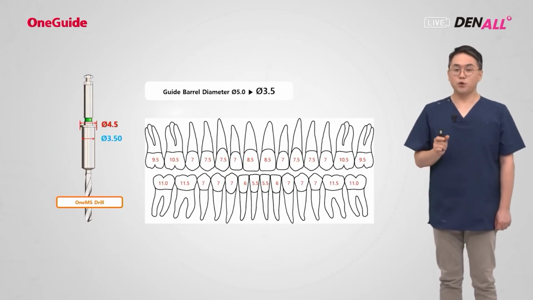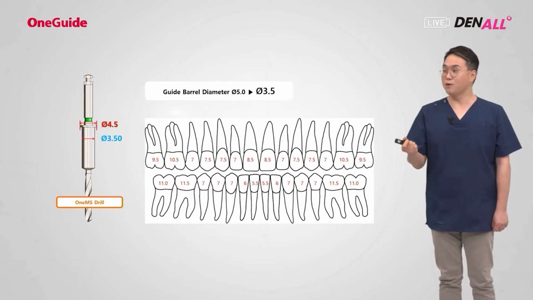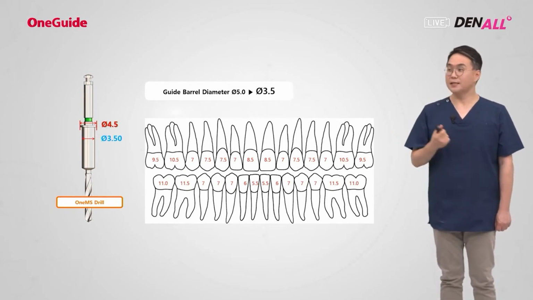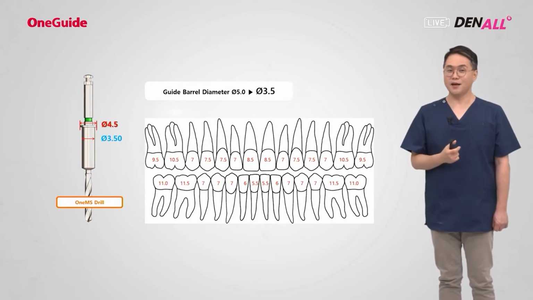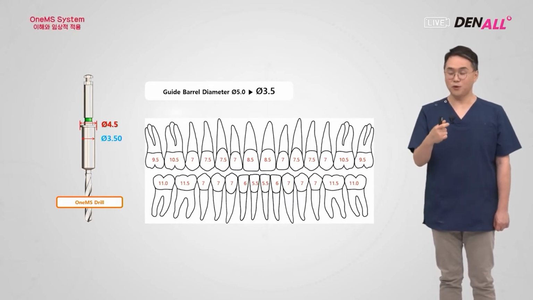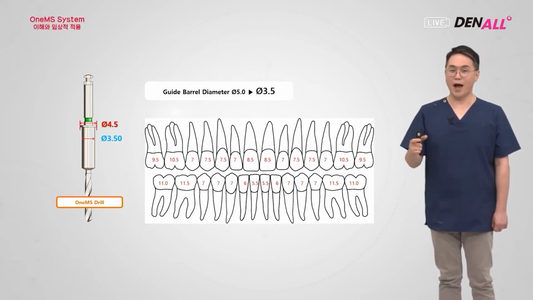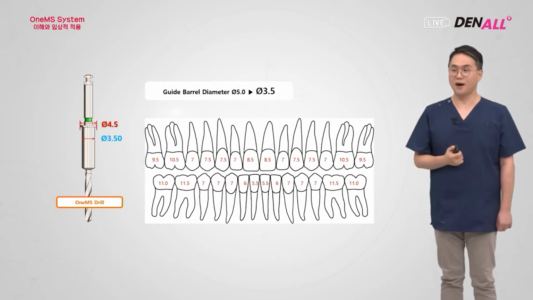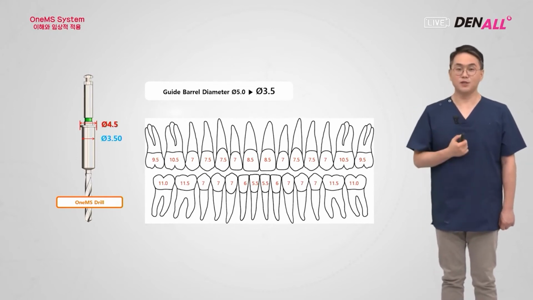Now, on the lower anterior side, where the mesiodistal distance is narrow, we reduced the guide barrel diameter to 3.5. In the OneGuide kit, the guide barrel diameter for normal hole drilling was 5.0 and for wide hole was 5.7. But here, it's 3.5.